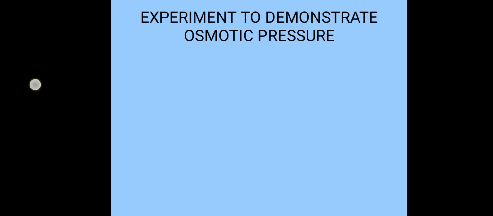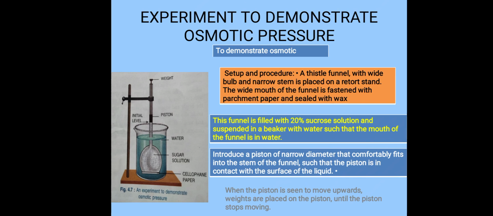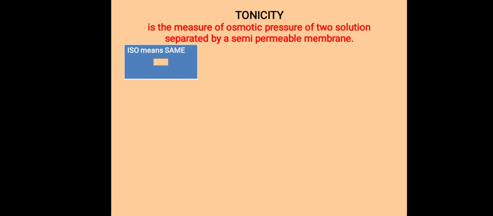We have also learned about an experiment to demonstrate osmotic pressure, and tonicity. We have learned about isotonic solution, hypotonic solution and hypertonic solution. So class, this is all we'll be learning for today.